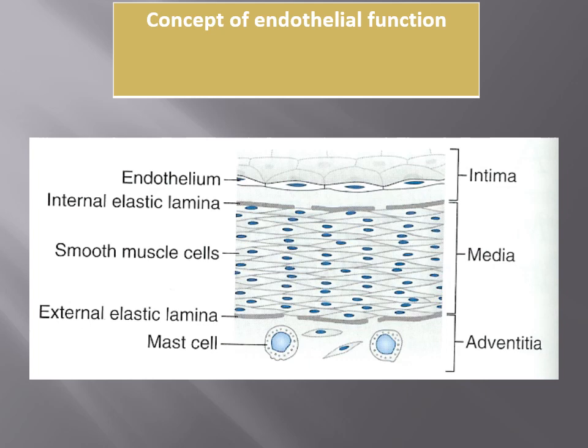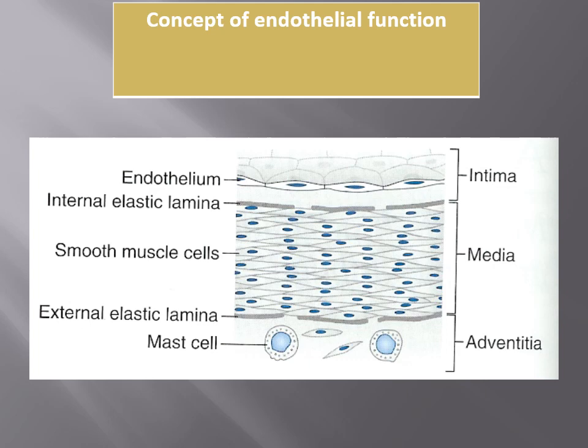The endothelium or the vessel wall as a whole consists of three main layers: intima, the innermost layer; media, the middle layer; and the adventitia or the outermost layer.